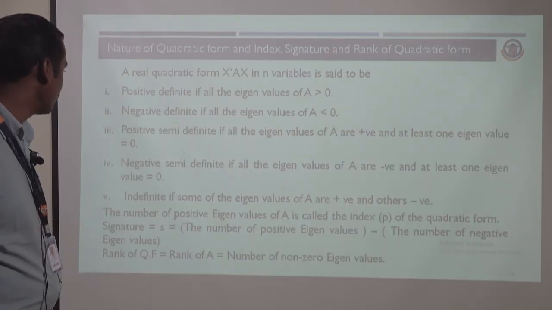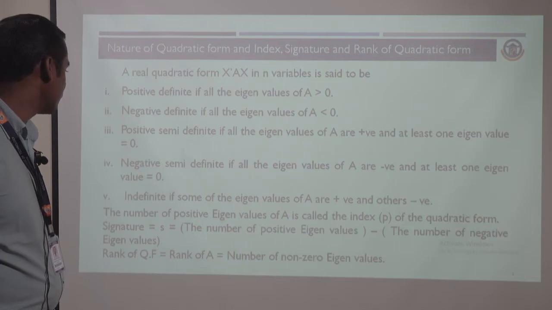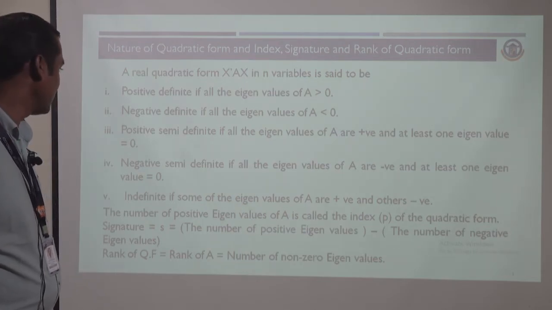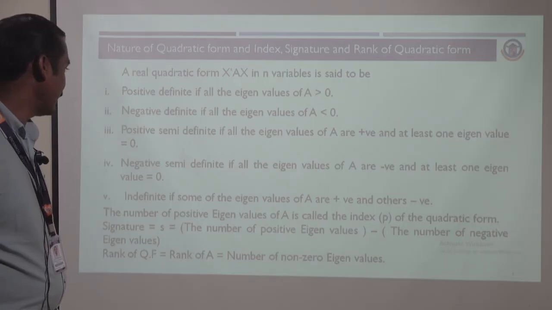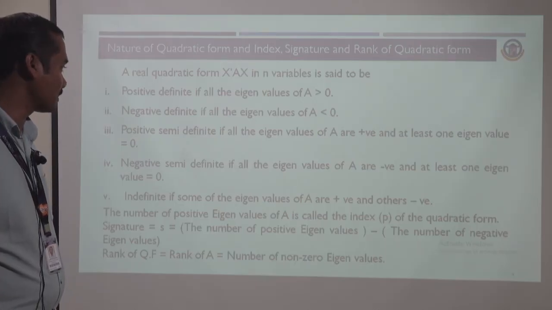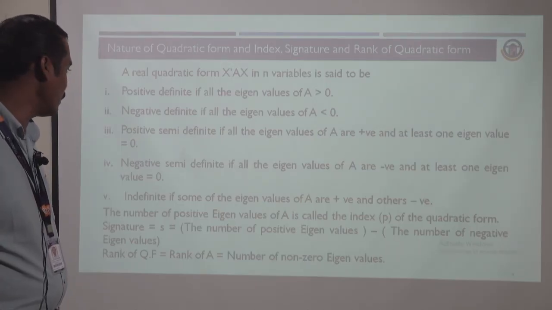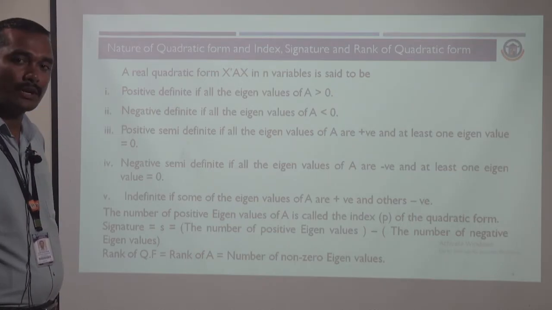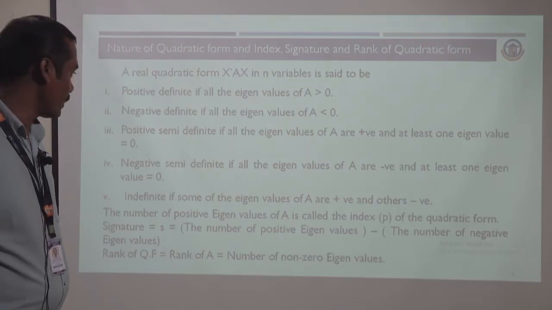Then we can calculate the index, signature and rank of the quadratic form. The first formula is for index, denoted by small p. So, p is the number of positive eigenvalues of A. In order to calculate the index of the quadratic form, it is enough to find the positive eigenvalues of A. The second one is signature, denoted by small s.